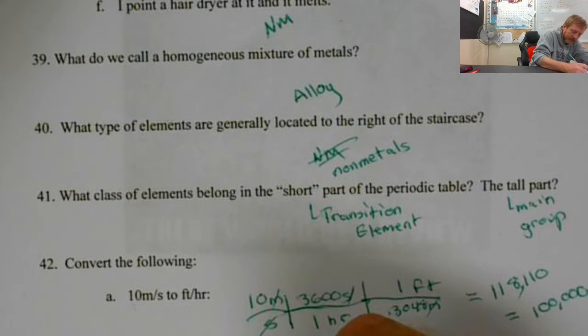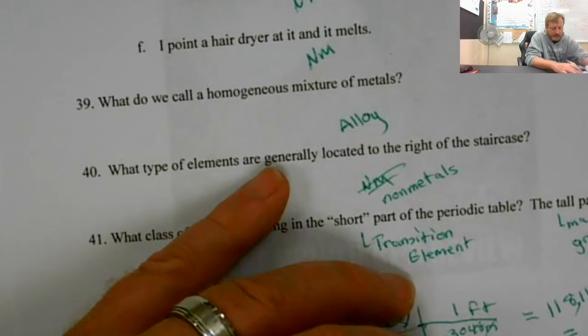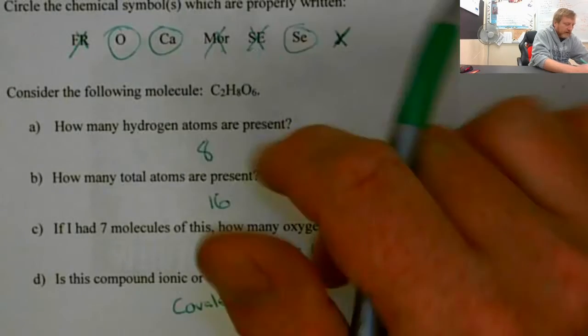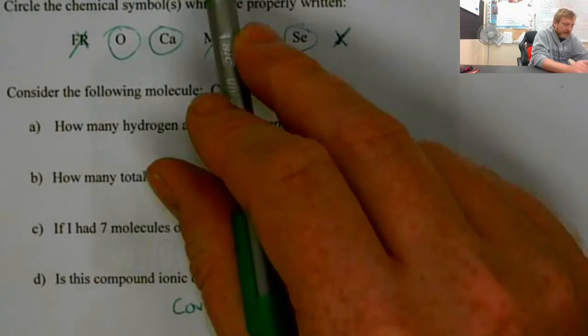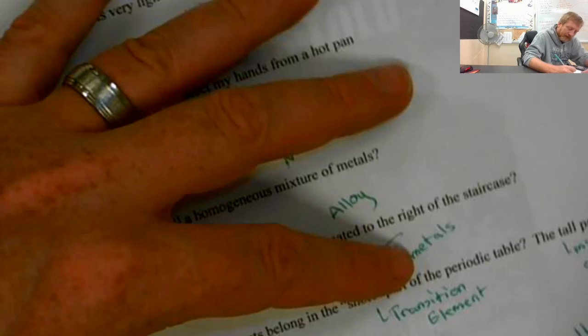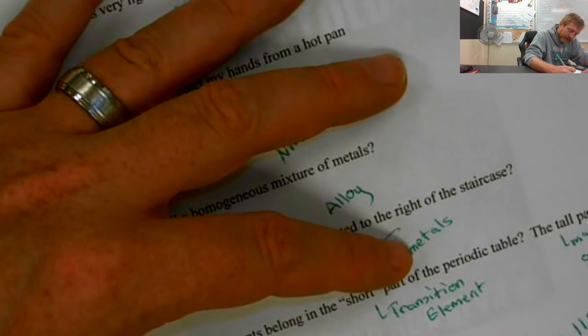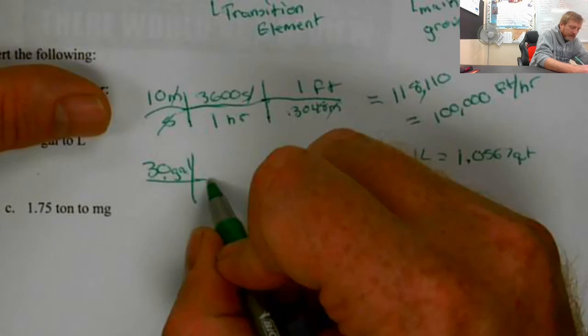Okay, in this case, 30 gallons. And I want to convert those to liters. I'm going to come back here and I'm going to find something that allows me to work between gallons and liters. Here I've got gallons to quarts, and here I've got quarts to liters. So that'll do it. 1 liter is 1.0567 quarts. 30 gallons.